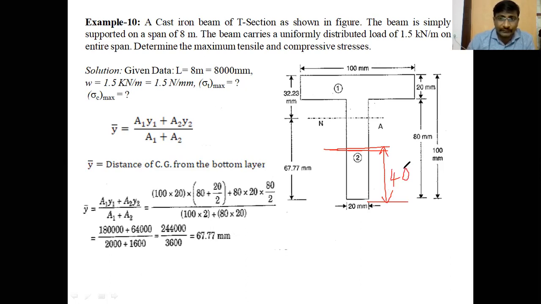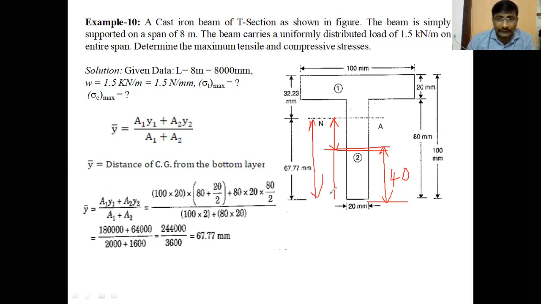Center of gravity of the web must be at mid depth, 40 mm from bottom. So we should know the distance between neutral axis and center of gravity of the web portion. So total distance, it is 67.77 from the bottom layer.